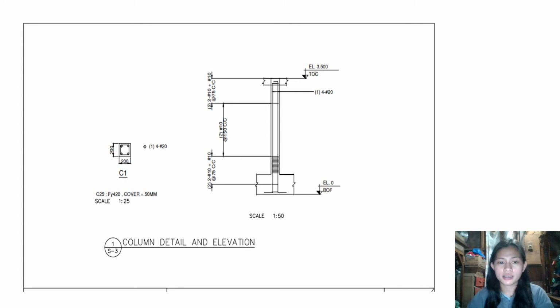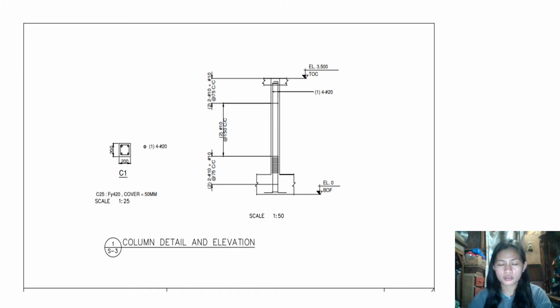For the column detail and elevation, ito, our column has a detail of 4 number 20 steel bars, and the size is 200 by 200 mm, with a cover of 50 mm.